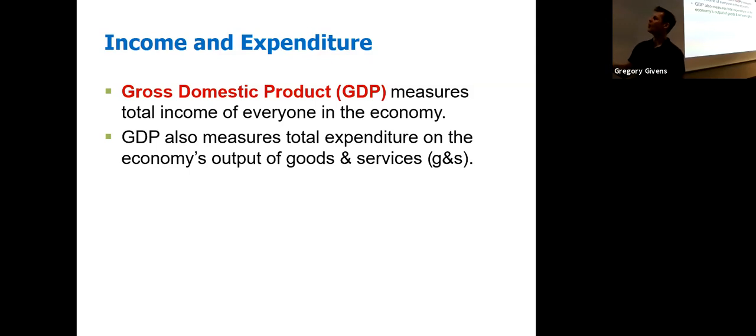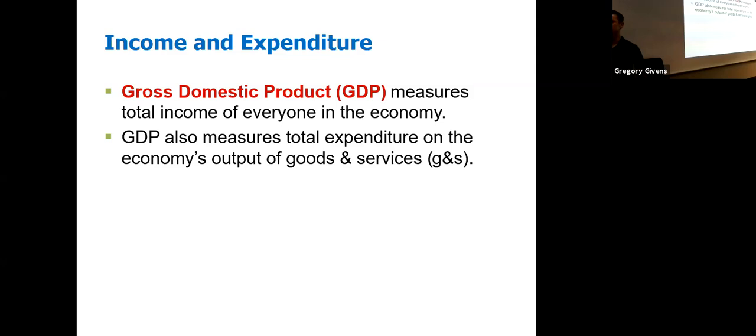However, let me say this, gross domestic product actually measures something else as well. GDP measures the total income of everyone who is participating in the economy. So GDP measures not only total income of everyone in the economy, it also measures the economy's total expenditure on its output of actual goods and services. Now, that's a little bit confusing.